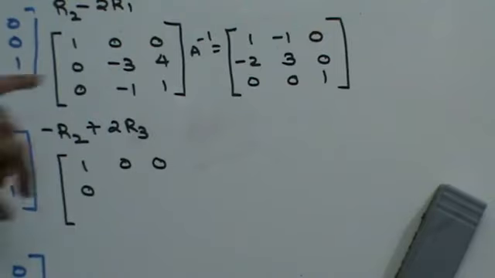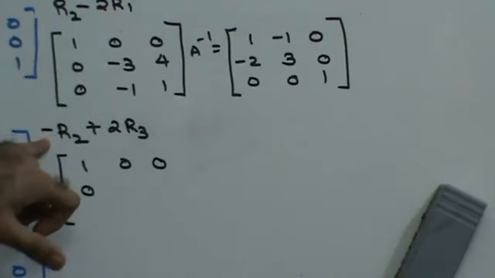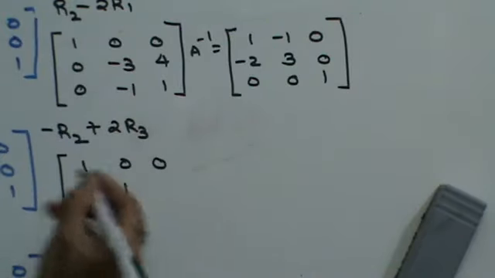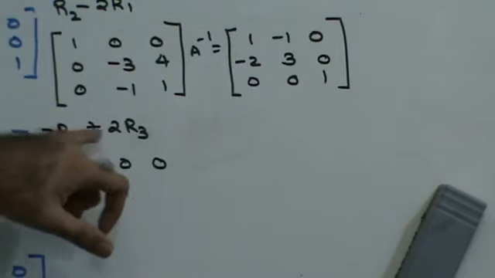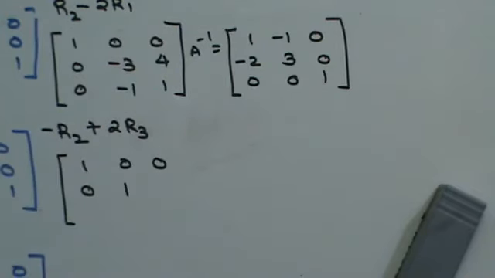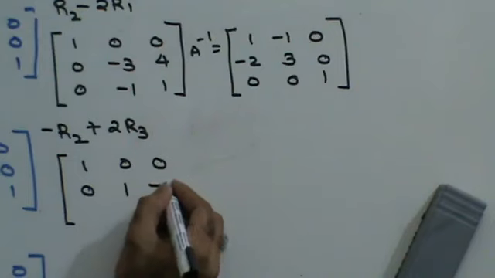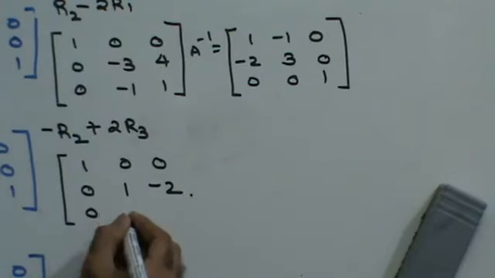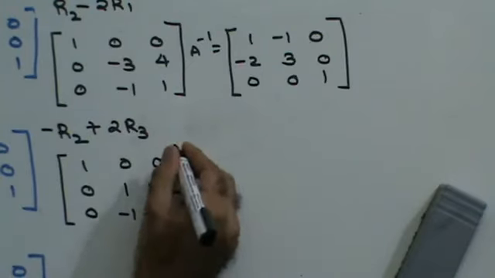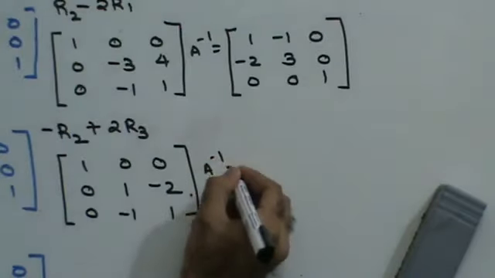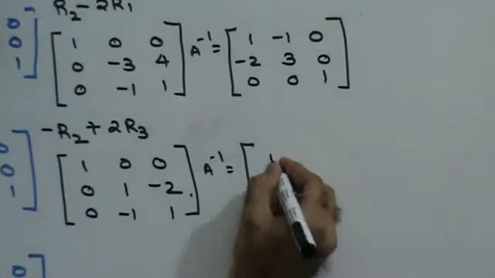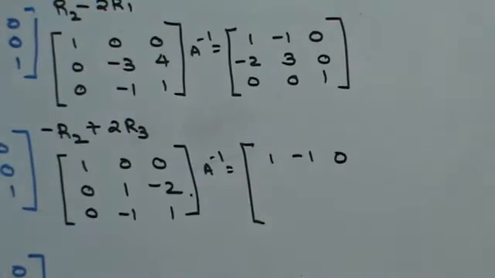Now, minus into minus plus 3, 3 minus 2, 1 minus 4 plus 2, minus 4 plus 2 is minus 2. Next, 0 minus 1, 1 as it is, into A inverse is going to be equal to 1 minus 1, 0.